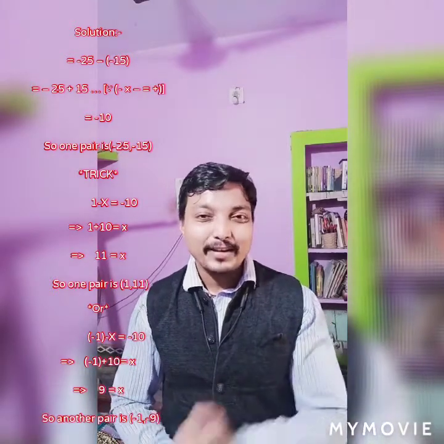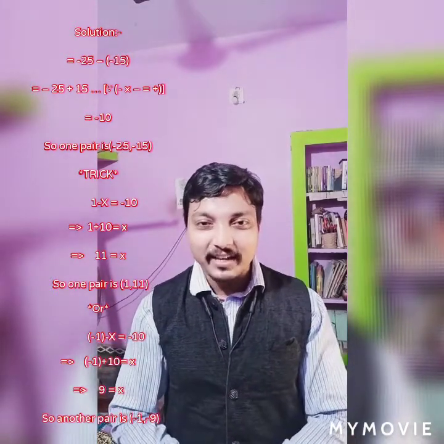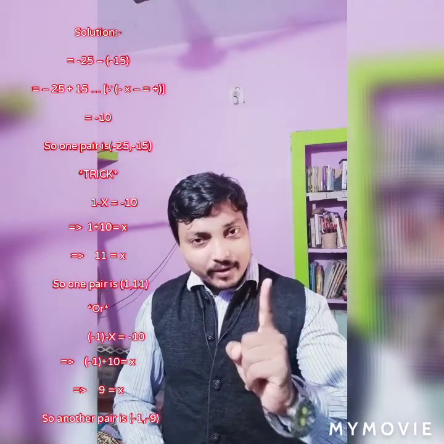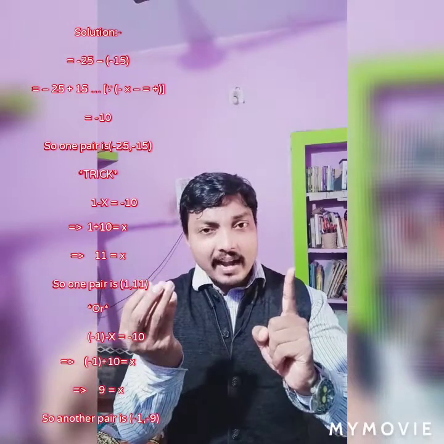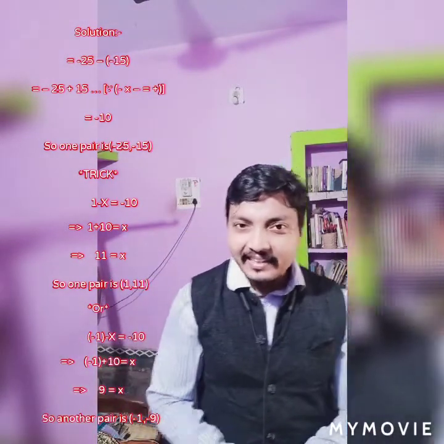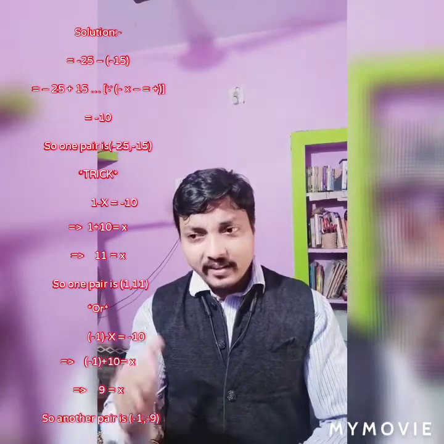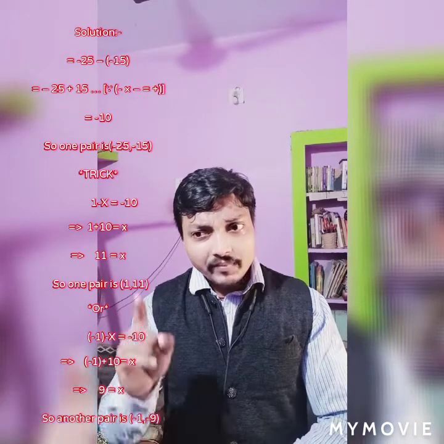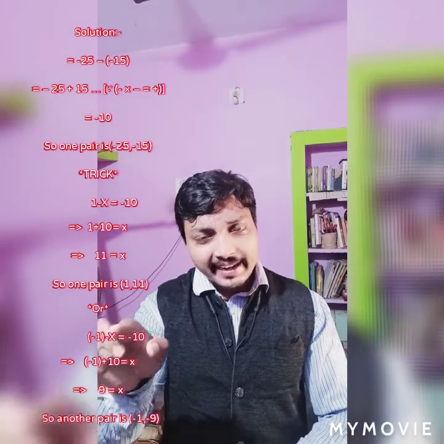Otherwise, by formulating an equation, how do we find it when the difference is equal to -10? Suppose one integer is 1. From 1, how much will I subtract such that the difference will be -10? So the equation can be written as 1 minus x equals -10. I want x, but on the left side it is -x.